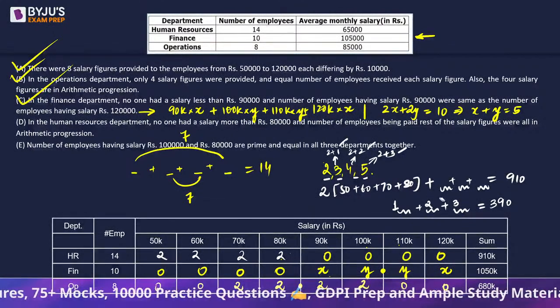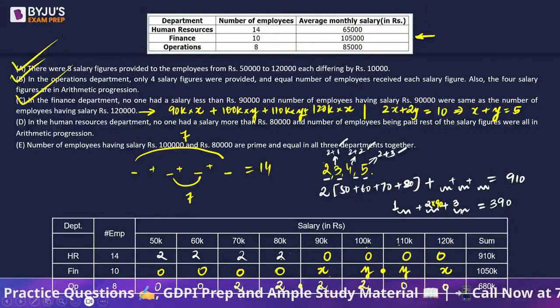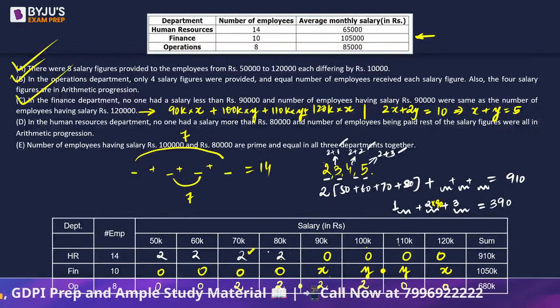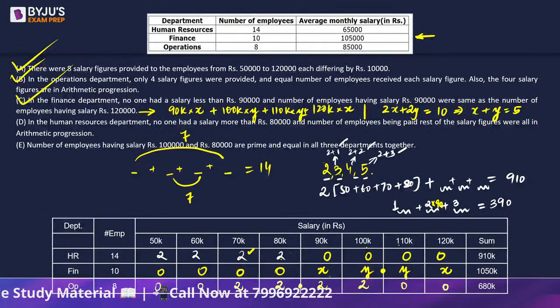Next, can this be 2 into 90? So we have 180 so far. So we need another 210. So ये utilize हो गया. If we need another 200, sorry, 90, नहीं 80 चाहिए ना.